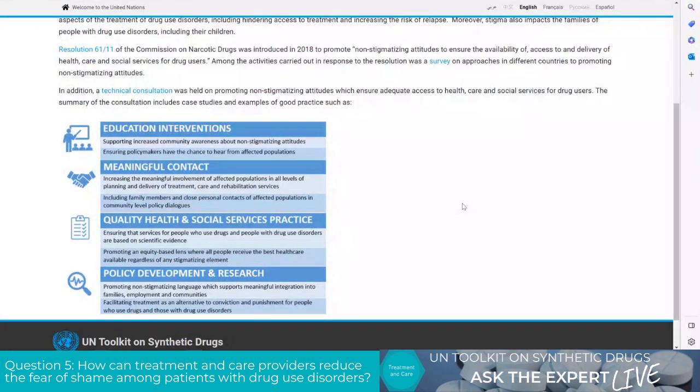It's not easy, but we had the possibility to do a technical consultation with experts from all around the world, and here you can find the links to some of the main ideas around how to improve services so that they are welcoming to people who use drugs and people with drug use disorders in different ways.